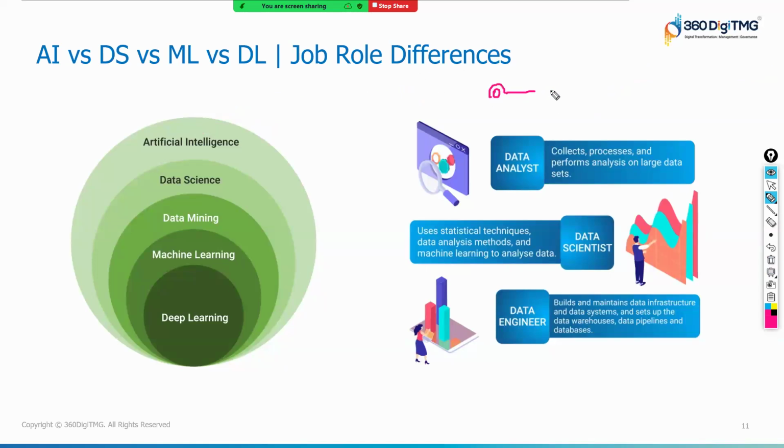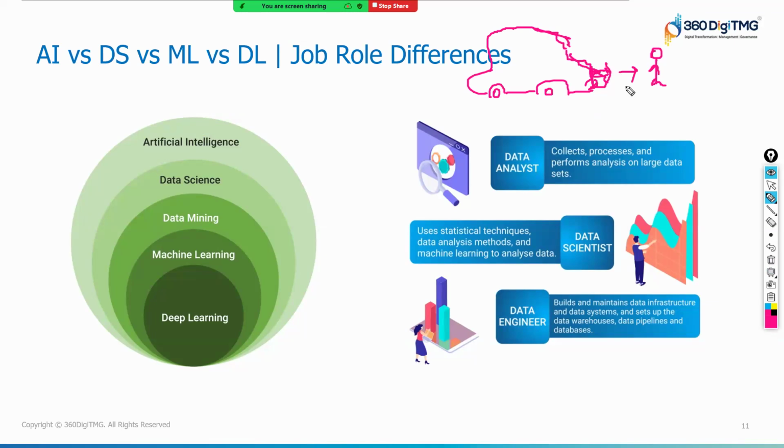If I talk about a driverless car, let's say a driverless car is moving like this, and there is a person standing in front of it.